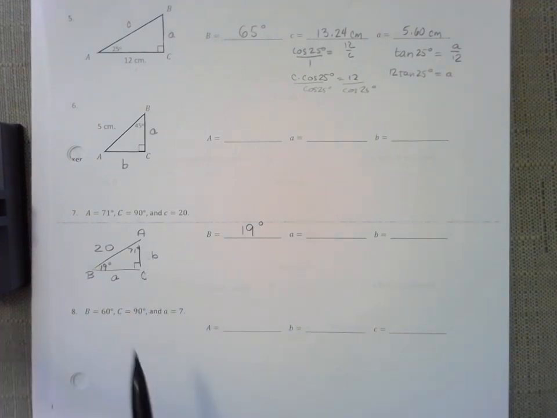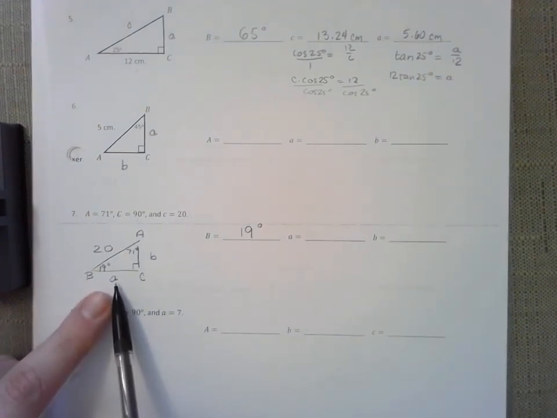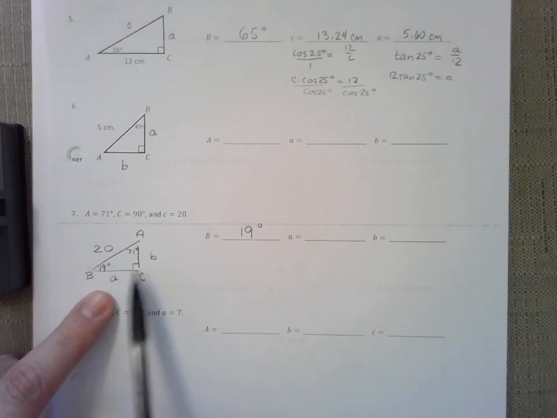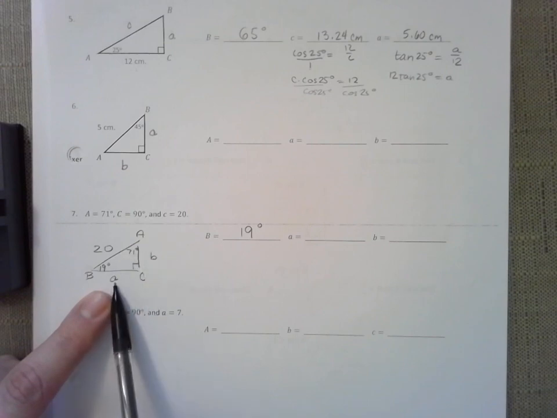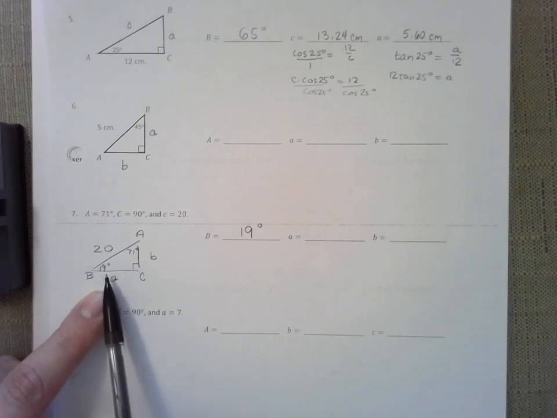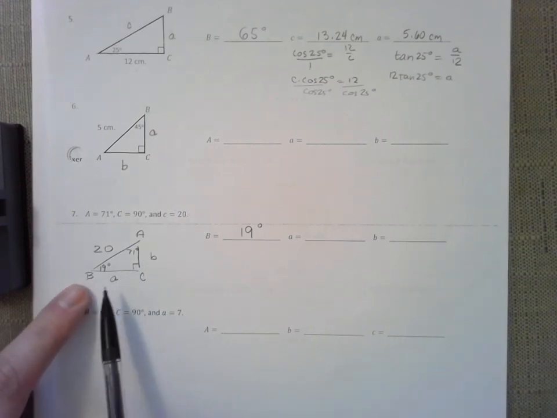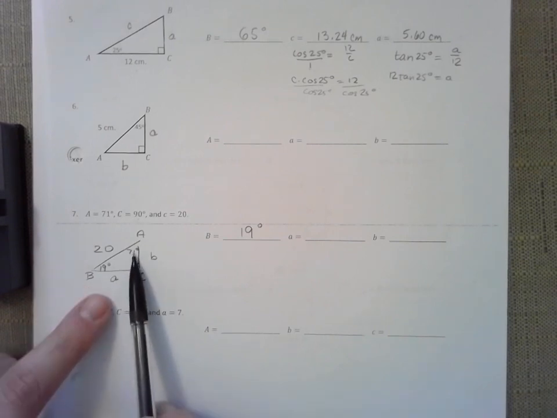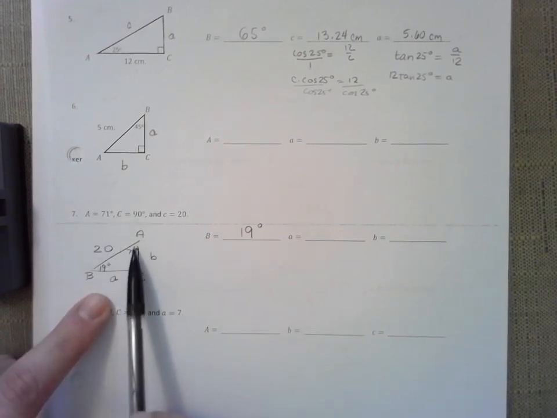Now something I haven't told you about, the length of A and the length of B are matched to these angles. Which side should be longer, A or B? Because it is across from the larger angle, the length of A will be larger than the length of B, which is across from a smaller angle. To find the length of A, I'm going to use the given information of 71 degrees.